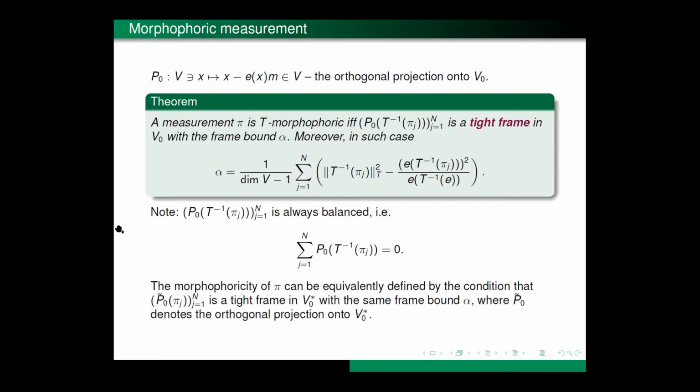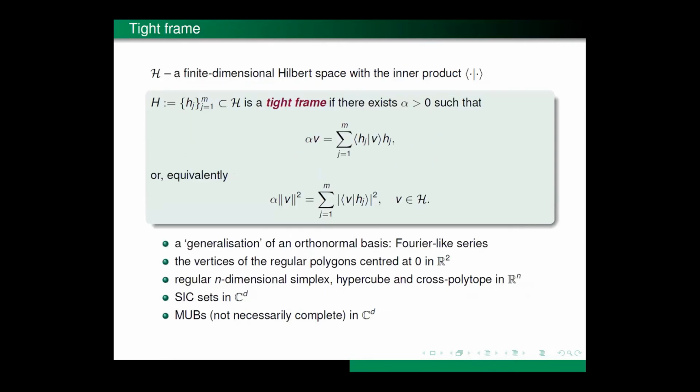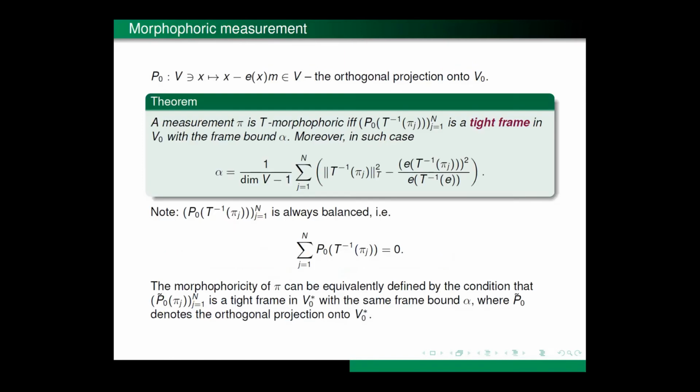I didn't put it here, but in order to check whether a set of vectors is a tight frame, we do not need to check these equalities for any vector V. It is enough to calculate some overlaps between the vectors from the frame and check whether they sum to a correct number. So that's why this condition is in fact very easy to verify.